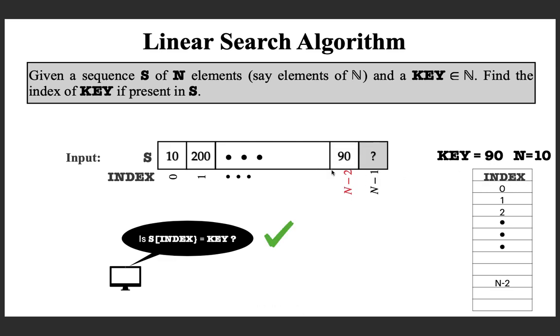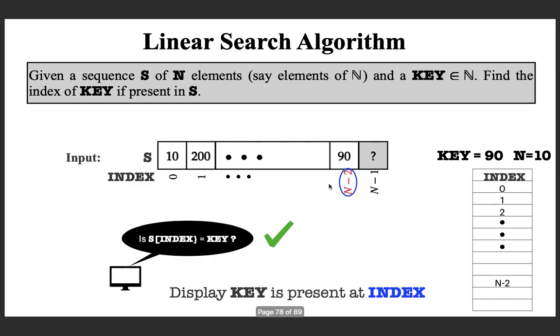You found 90 present at index n minus 2. So at this point, you just display that 90, which is key, is present at index n minus 2, and you can stop your algorithm. In the worst case, you will go up to n minus 1, you will not find 90 in the sequence, and finally when it becomes n, you can say that key is not present in the sequence.